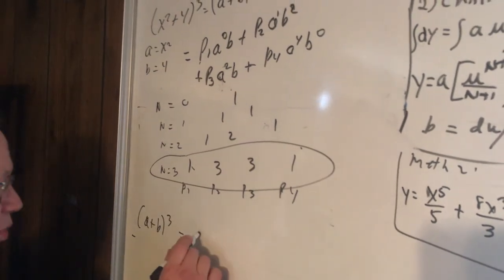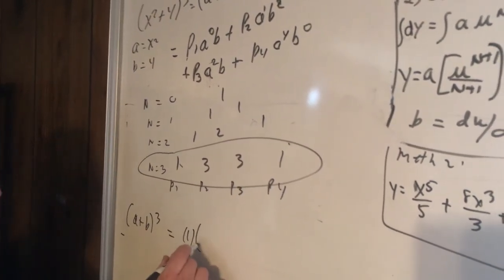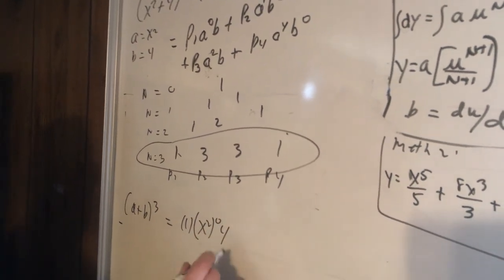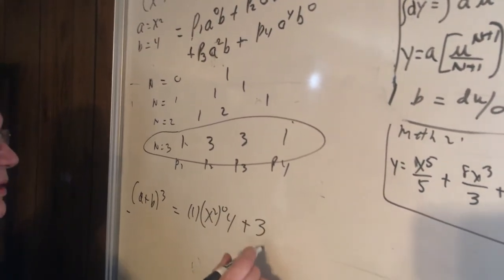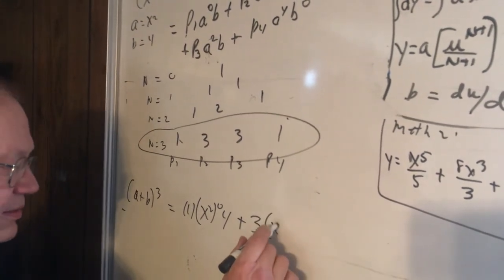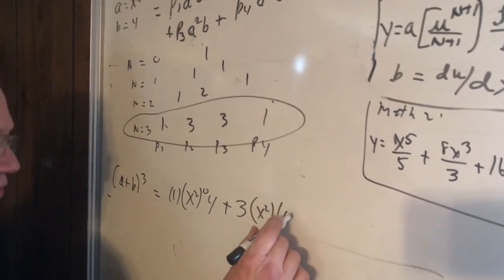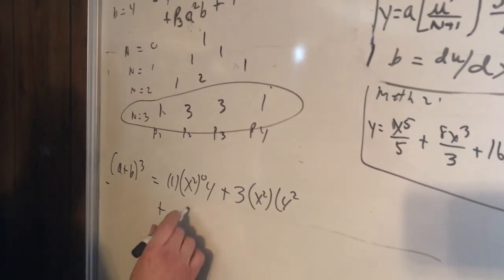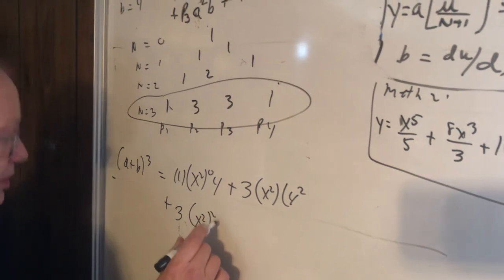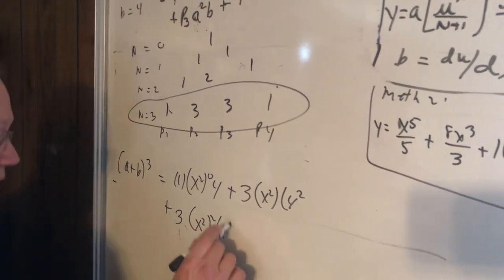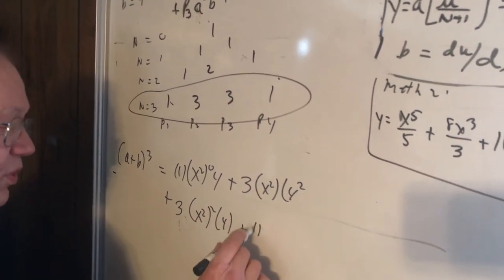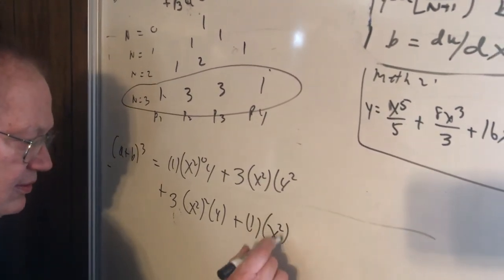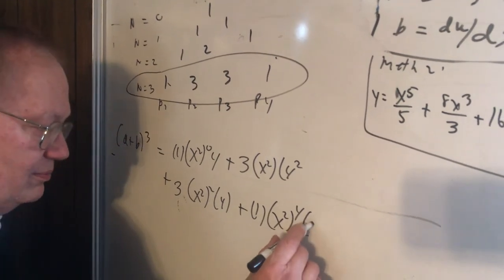Here, P1 is going to be 1, and this is going to be x squared to the 0 times 4, plus 3 times A, which is x squared, times 4 squared, plus 3 times x squared to the squared times 4, plus P4 is 1, A to the 3rd is x squared to the 3rd times 1.